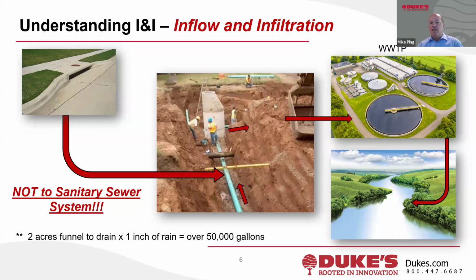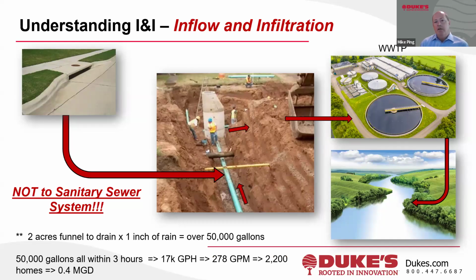Let's say we get a rain event in this little town, and our curb inlet up there in the top left has a 2-acre surface area of land, eventually funneling and draining its way into this stormwater inlet structure. And let's say we get a 1-inch rain event, right? Well, all this math works out to, you get this 1-inch skating rink that's 2 acres big. It's over 50,000 gallons of volume, right?